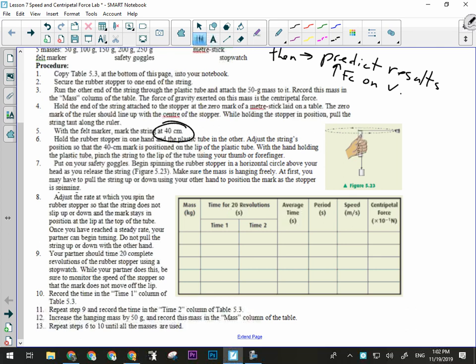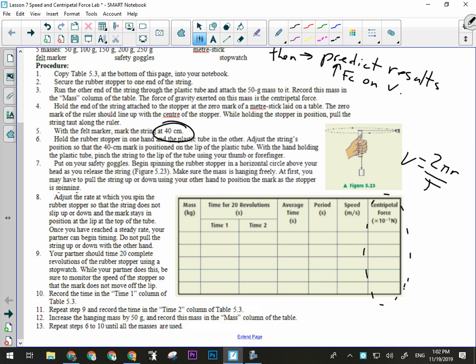We will time 20 revolutions twice for each different centripetal force. Then we will calculate an average time by adding them together and dividing by 2. We will calculate the period by taking the average time and dividing by 20. We'll calculate speed using the formula, and it actually says that in the analysis. Then calculate the centripetal force.